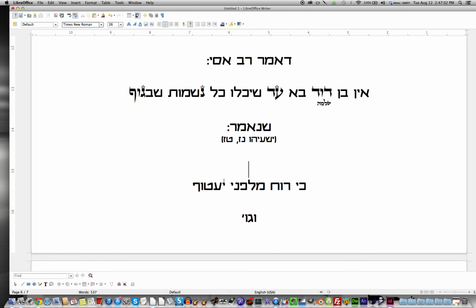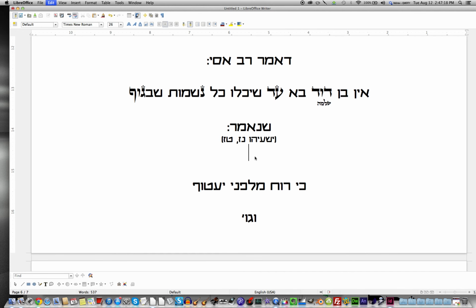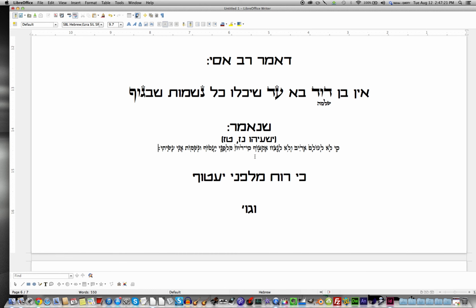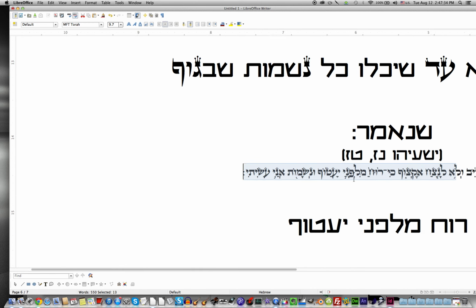Shene'emar. Okay, so now here I can quote. That's the thing about this version of LibreOffice, it doesn't support Nikud. So if I were to type this pasuk here, you could see that all the Nikud is completely shifted off.